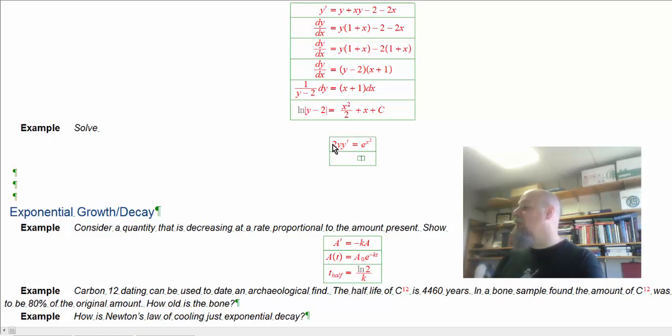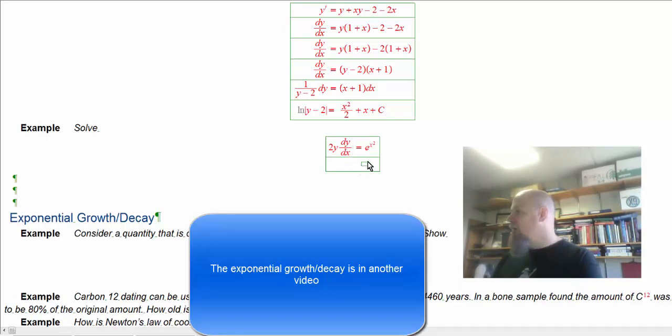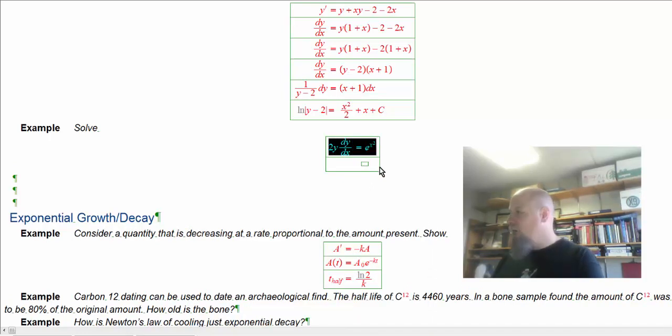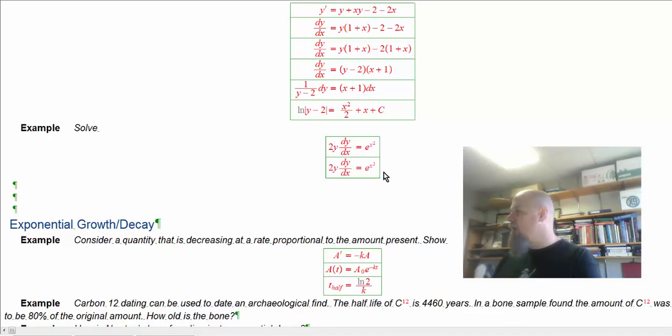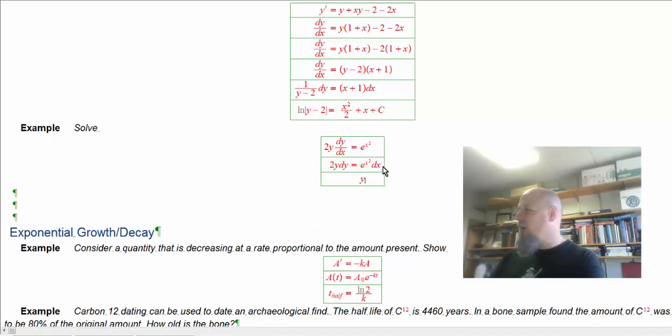I can replace this y prime with a dy dx, so I can multiply up the dx, defining my dx side and my dy side. So I've got all my x's times dx on one side and all my y's times dy on the y side. As long as I do the same thing to both sides, it's still an equation.